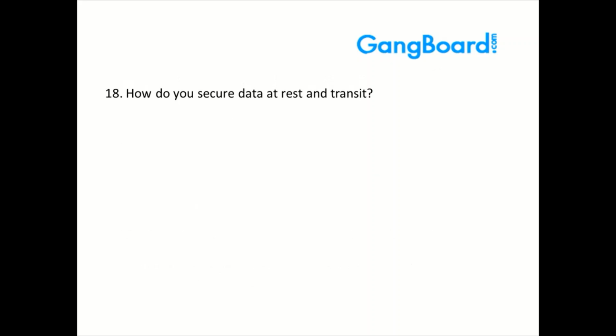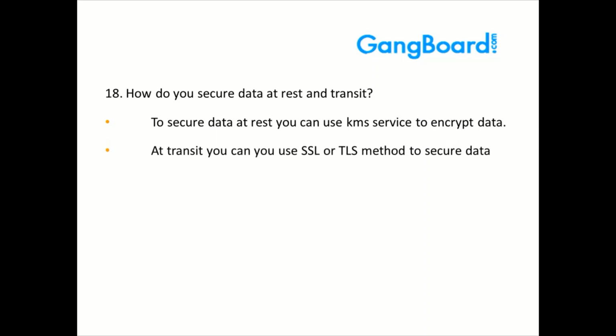How do you secure data at rest and transit in cloud? So to secure data at rest, we can use KMS service, key management service, which is available in AWS. So by using that, we can encrypt and decrypt data. At transit, we can use SSL or TLS certificate to secure our data.